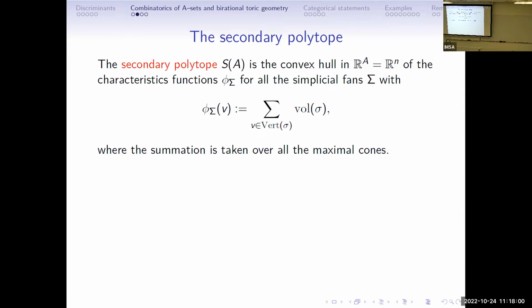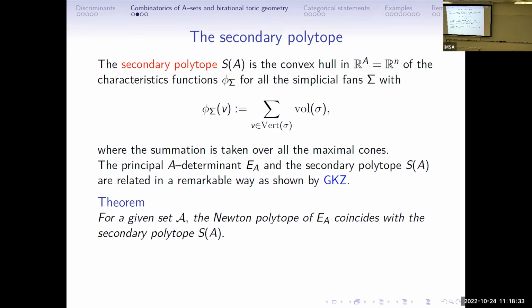For each vertex I take the volumes of all the simplices that contain the vector v, which is a little weird, and I wouldn't do justice even doing an example here.